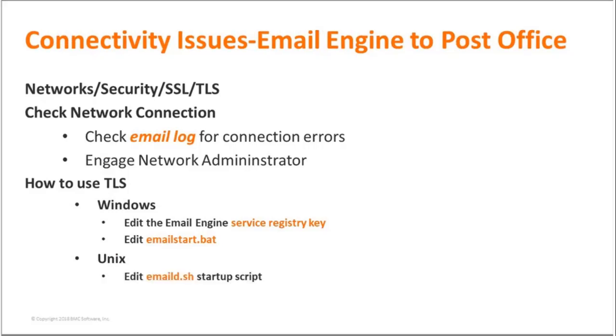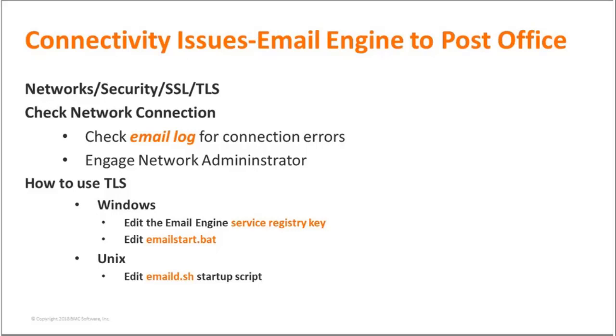So some of the other possible hindrances for the email engine's ability to connect to the mail server could be with the network, security, or incorrect data in the configuration form. For network issues, you want to check the email engine log for any network-related errors. You may see errors indicating unable to connect or something like could not connect to the server name on port number, for example.